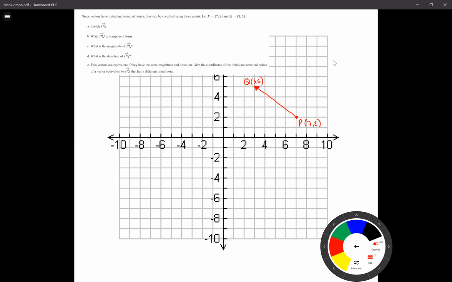It really helps you be accurate on how to sketch a vector. When you estimate, it's okay too, but when you mess up the accuracy on the graph, then it's really hard to tell the magnitude, the direction, or the coordinates of the initial point or terminal point. So this is the initial point.